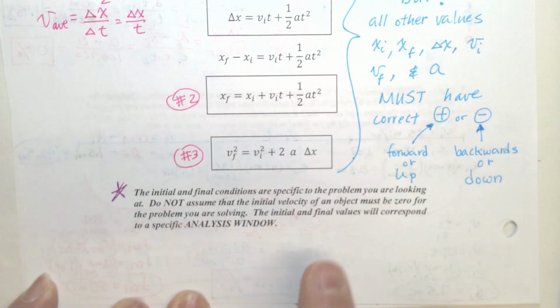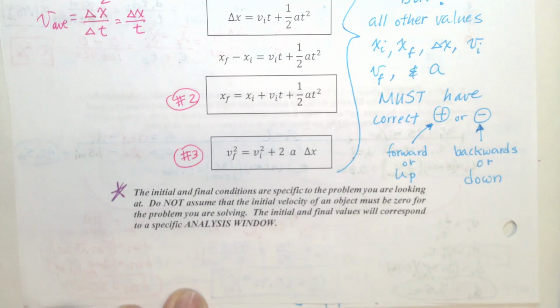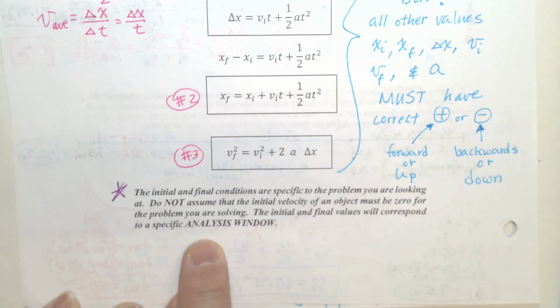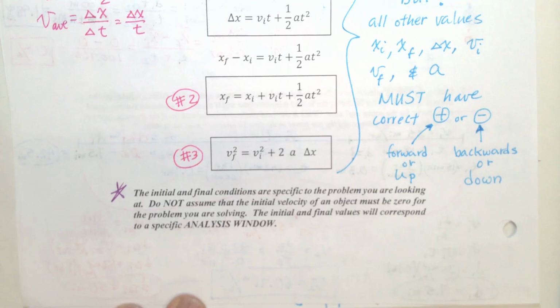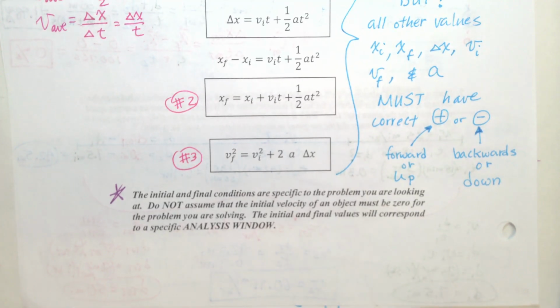The initial and final values will correspond to a specific analysis window, which means you can choose anywhere to be your initial starting point and anywhere to be your final point. Even though the whole action started here and ended here, you could consider here to be initial and right here to be the final, because you want to look at just this moment right here.